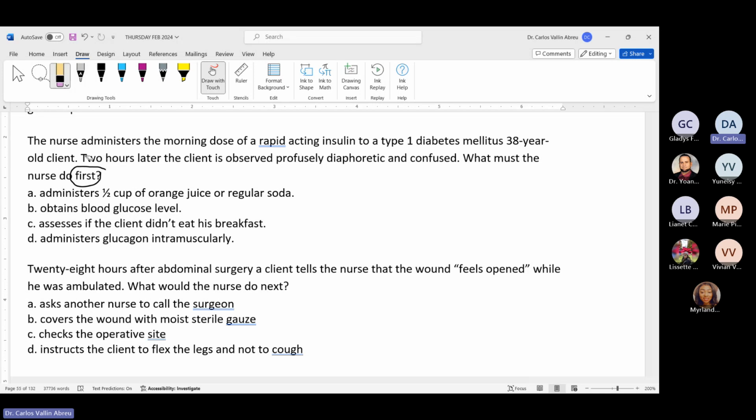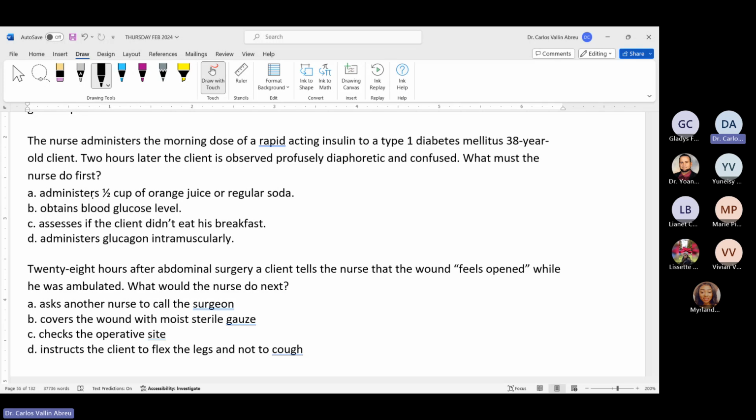So take the question slowly. Don't rush to answer the question. What do you do first? It is asking me for a chronological priority. So everything could be correct, but one is the first to be done. This is a problem that I see frequently as an educator when my students answer questions. They don't respect this word that is a command.